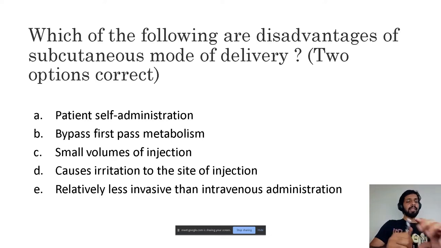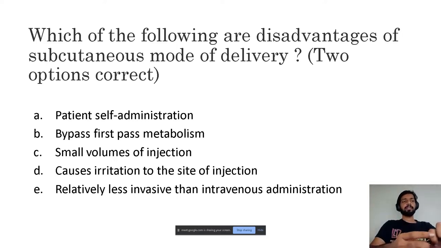Patient self-administration is usually considered an advantage because the patient need not travel to the hospital or clinic and spend time and money to get there, and it takes up the time of the healthcare professionals as well. But not in this case, because they're asking for disadvantages.